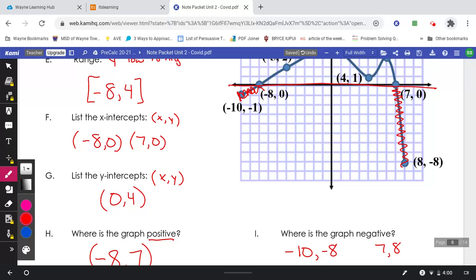Then look, at -10, this point is actually down in the negative area. So I'm going to put a bracket. But the -8 point is sitting at the 0 line. On the line, it gets a parenthesis. Over here the 7 is on the line. It's not really negative, so I'm going to put a parenthesis. But down here at this point, 8, it is down in the negative section. It's paired with a negative number. I'm going to give it a bracket.